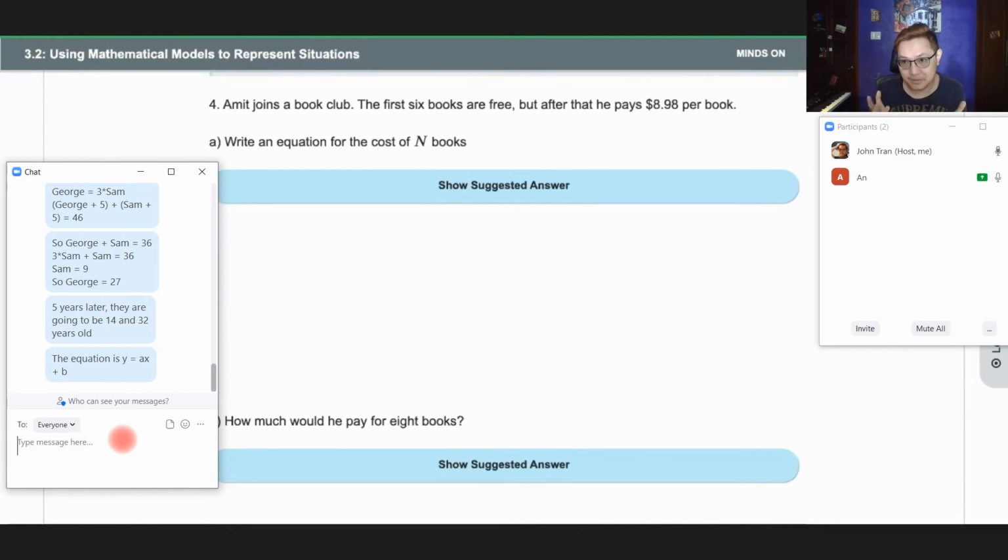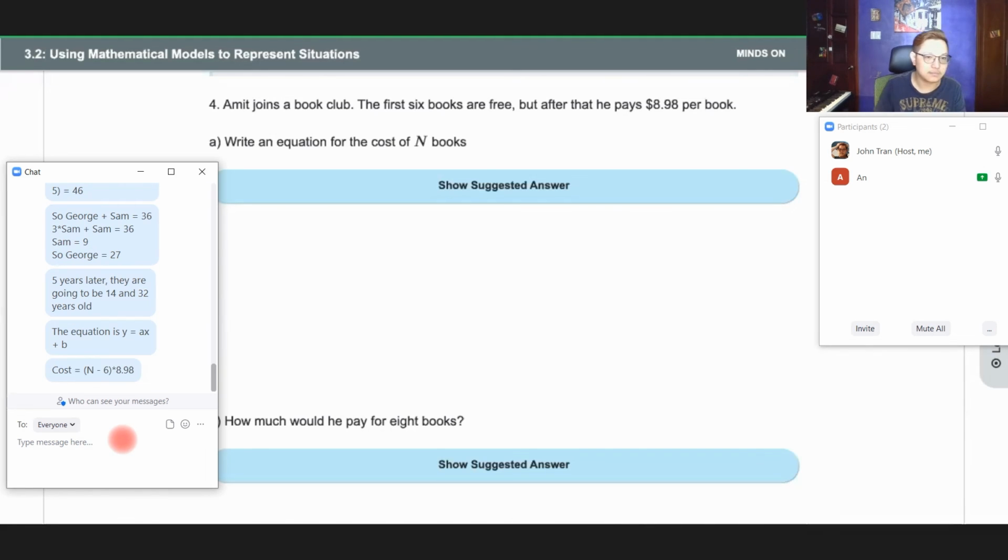So basically if he bought n books, he just has to pay n minus 6. For example, if you get 14 books, you just have to pay for 8. Oh, I see now. So cost equals n minus 6.